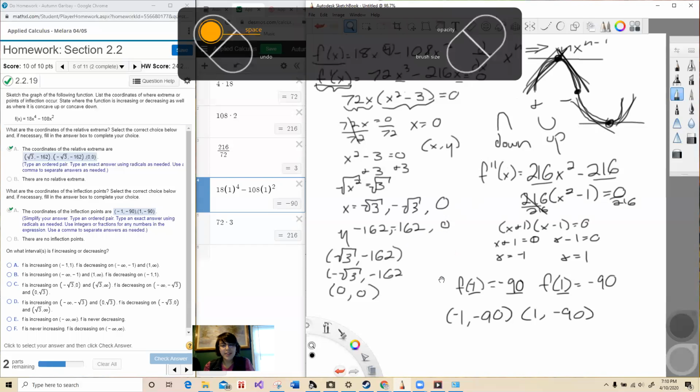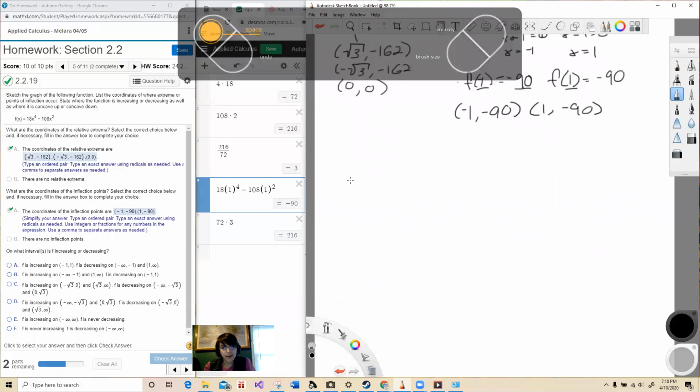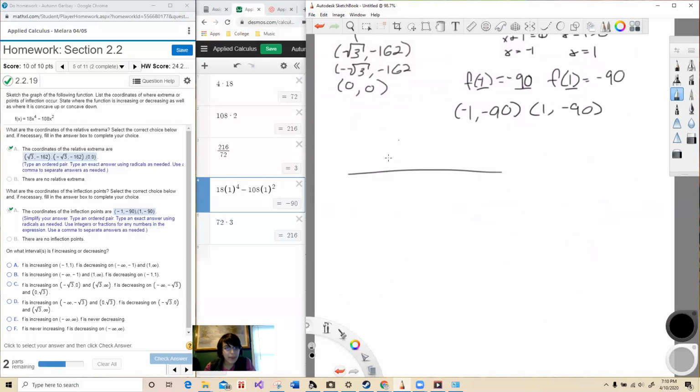So let's draw those out on a line. So remember the x values of our relative extrema were -√3, that's about -1.7, 0, and +√3, about 1.7.